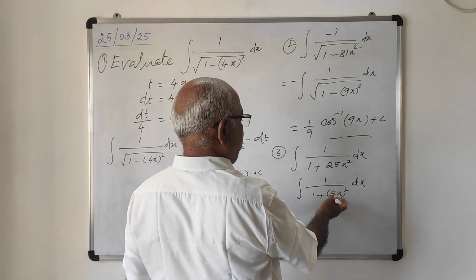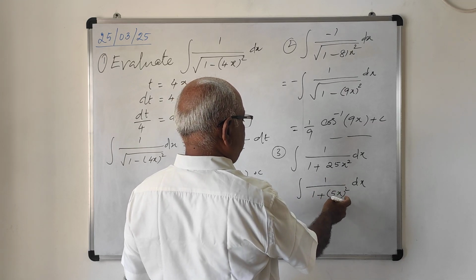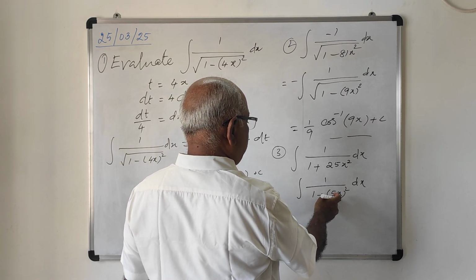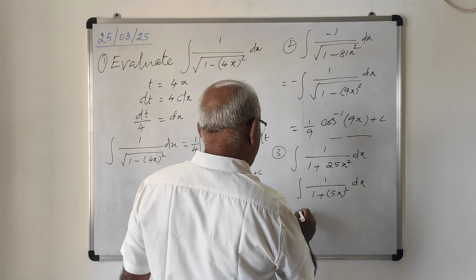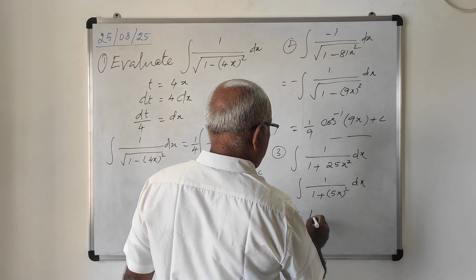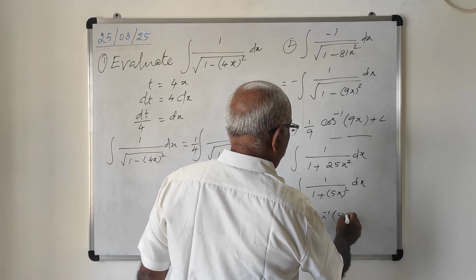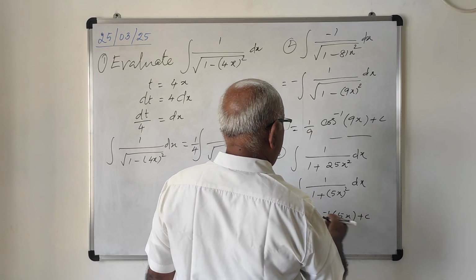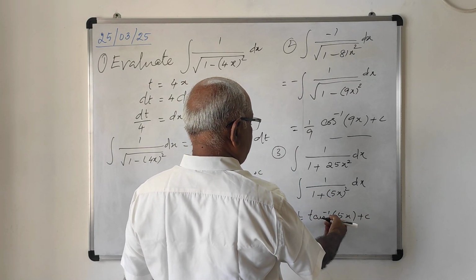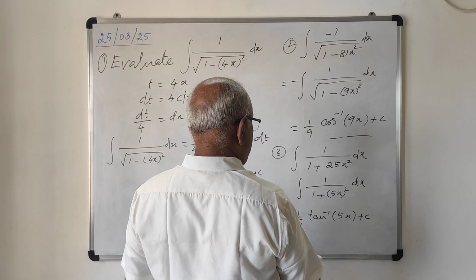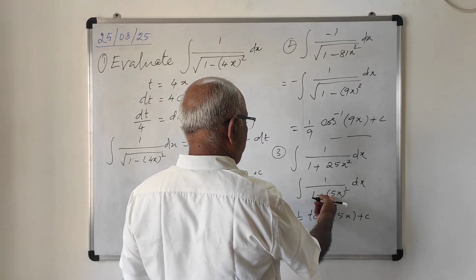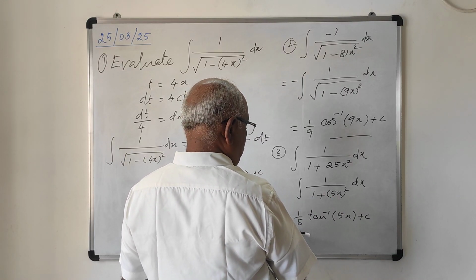If you replace 5x by t, integral 1 by 1 plus t square is tan inverse t, and that 5 can be taken out of the integral, you will get 1 by 5 into tan inverse of t, which is 5x, plus c. Integral 1 by 1 plus x square is tan inverse x; x can be replaced by 5x. So 1 by 5, the coefficient of x, 5 will divide the expression.